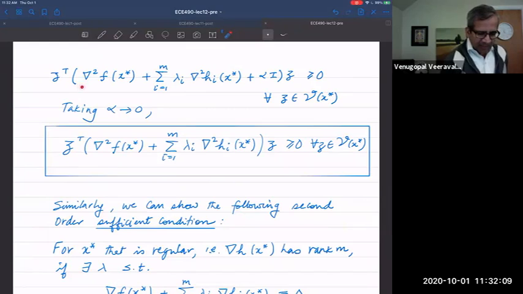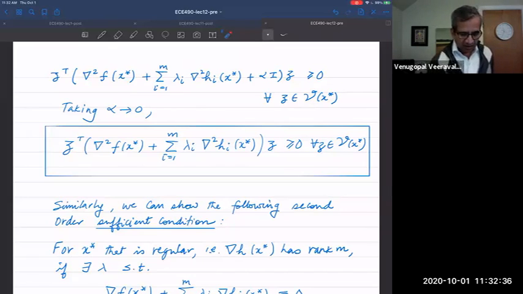By the way, if this condition were to hold for all z, that means that the inner matrix would be positive semi-definite. I'm not saying that this inner matrix is positive semi-definite. All I'm saying is that this product is going to be positive for all z belonging to V of x star, not all z belonging to Rn, but just for z's belonging to V of x star.